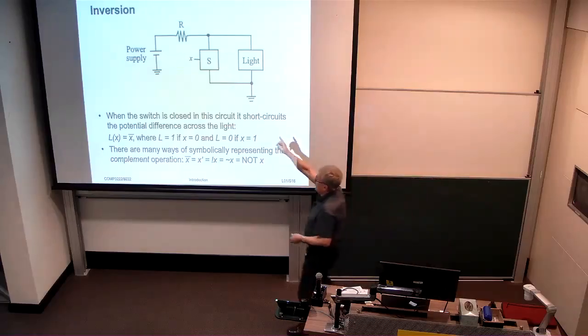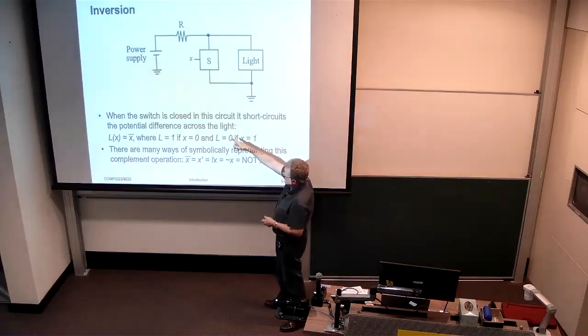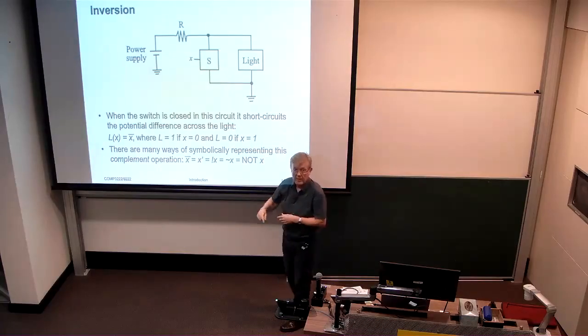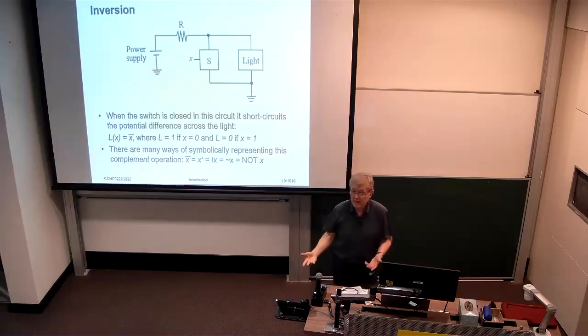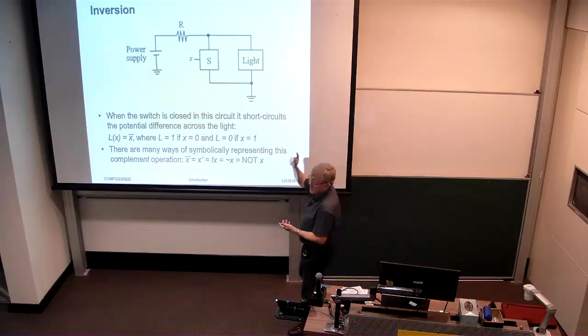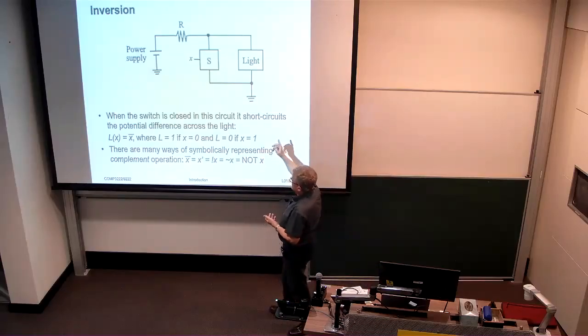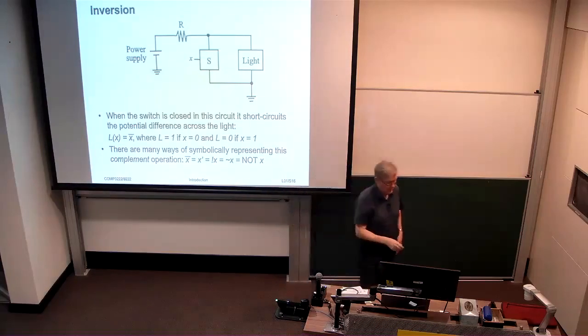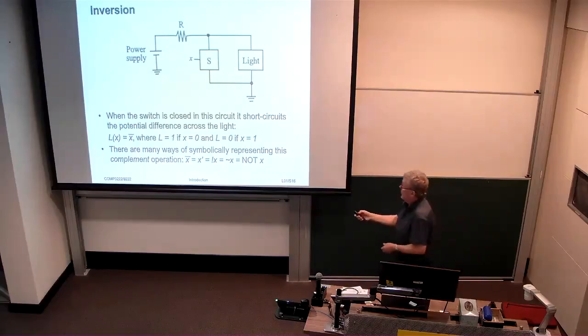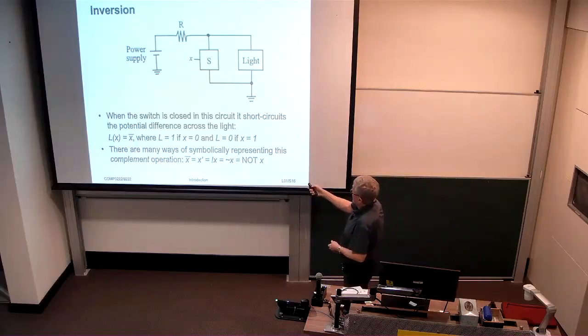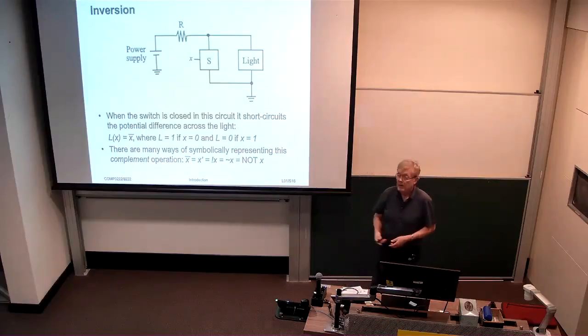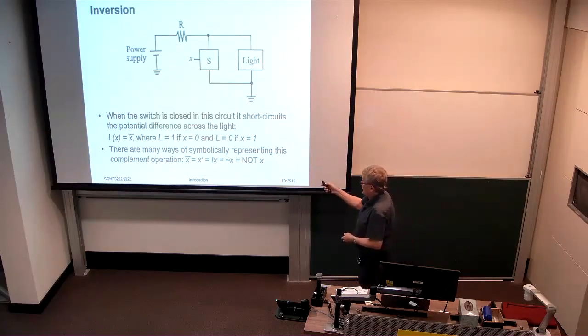When this switch is open, then there's a current path from the power supply through the resistor, through the light to ground, so the light must be on. But when the switch is closed, then the voltage at the top round bubble and the voltage at the bottom bubble, now I have this pointer, I may as well use it. So up here, VR, let's say, and down here, VG, let's say. If this is closed, they have to be the same.